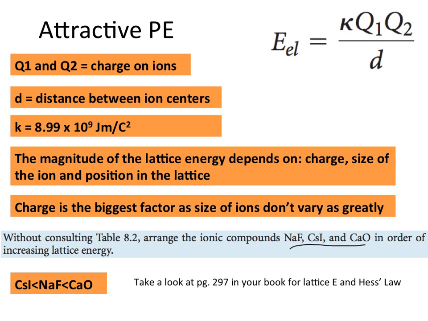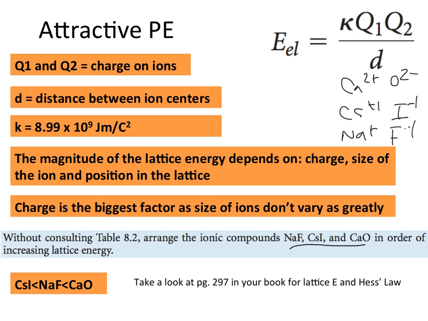What we would look at here is first the charges of the ions present. Calcium is a 2+ ion, oxygen is a 2- ion. Cesium is going to give you a +1 ion, iodine is going to give you a -1 ion, sodium is going to give you a +1 ion, and fluorine is going to give you a fluoride ion, a -1 ion.